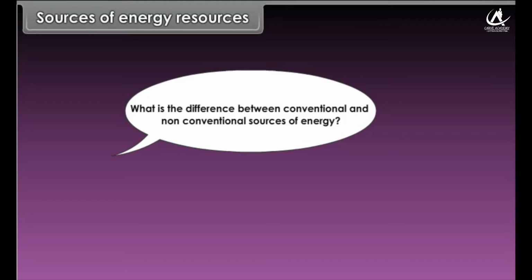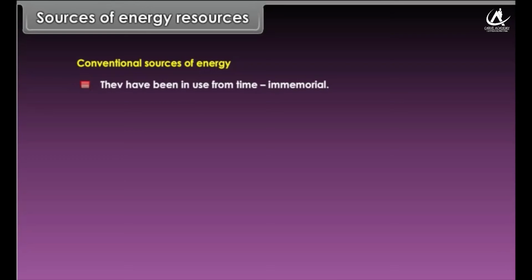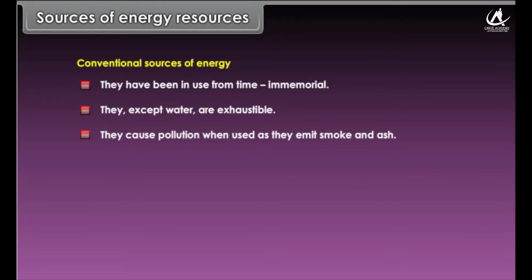What is the difference between conventional and non-conventional sources of energy? Conventional sources of energy have been in use from time immemorial. They, except water, are exhaustible. They cause pollution when used as they emit smoke and ash.